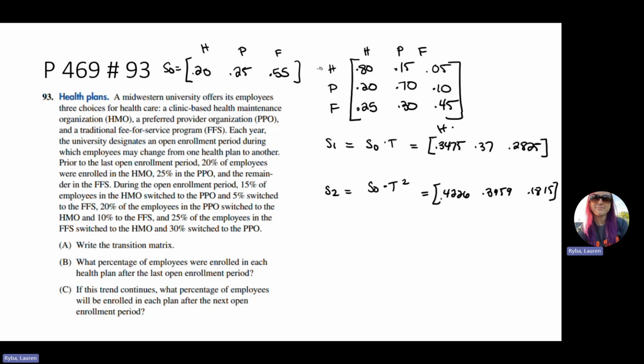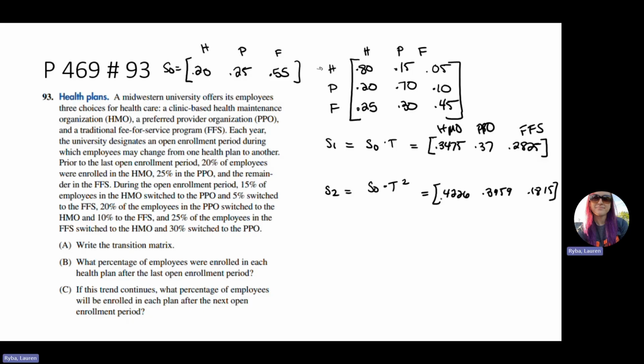And remember, this is the HMO percentage, the PPO percentage, and the fee for service percentage. So we started with 20% HMO, 25% PPO, 55% fee for service. After one open enrollment period, we're up to 34.75% in the HMO, 37% in the PPO, and 28.25% in the fee for service.